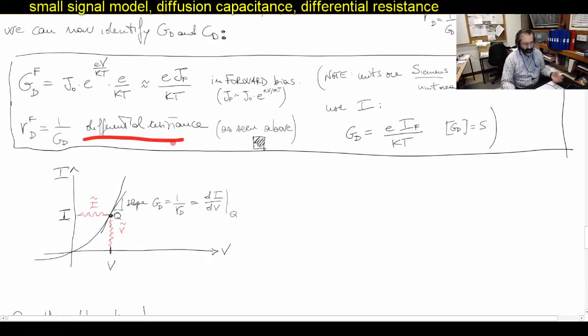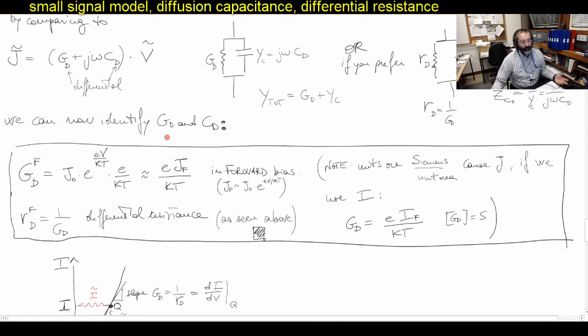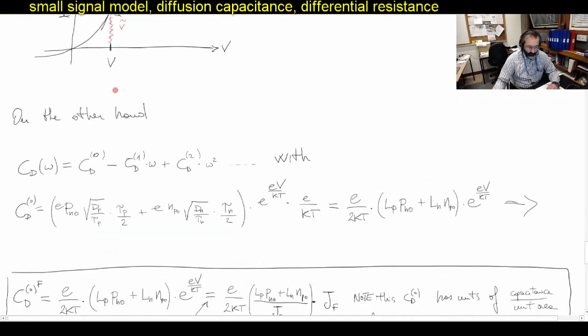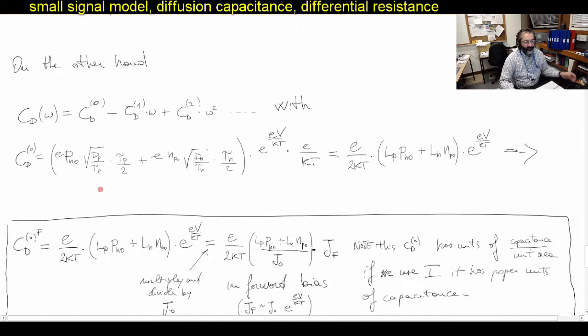the result that we already knew about the differential resistance, but now the cool thing is that we can also find the differential capacitance, or better, the diffusion capacitance. And furthermore, based on what we said previously about the Taylor expansion, we realize that this diffusion capacitance is actually a function of omega.